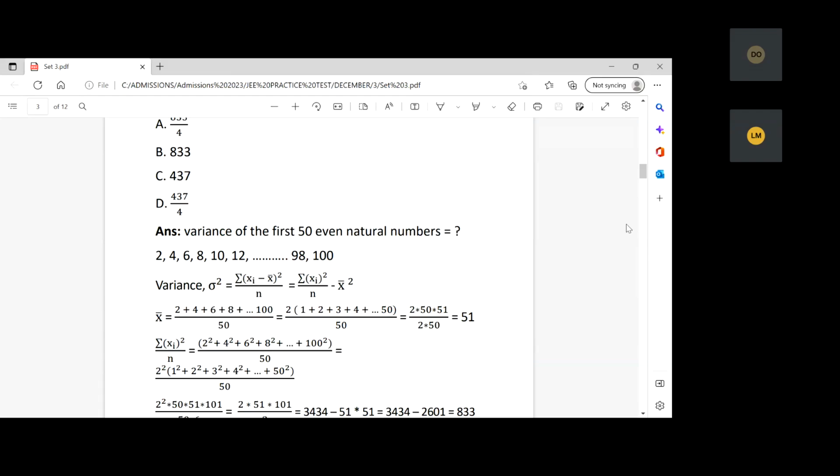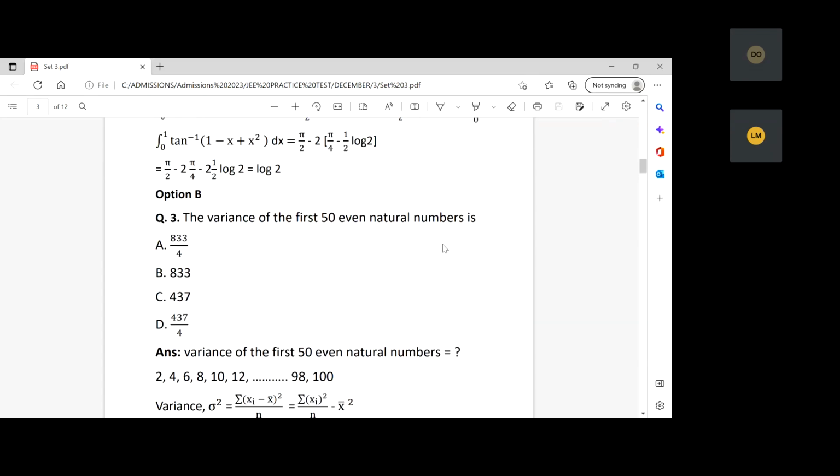Some students are newly joined now. Okay, it's completely fine. So I'll just show this question once again. You can start answering this question. You can start from here. The variance of first 50 even natural numbers is. I think almost half of the count got the answer because a lot of students are there in the chat box who have typed the answer as 833.